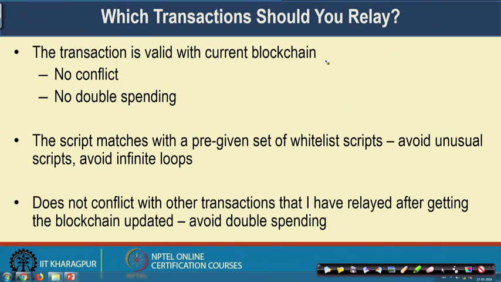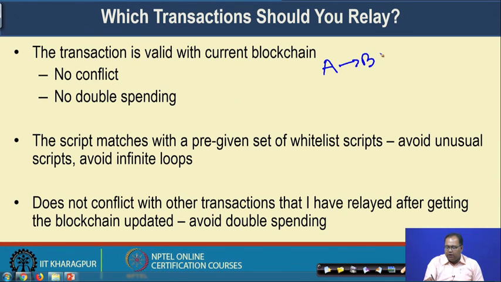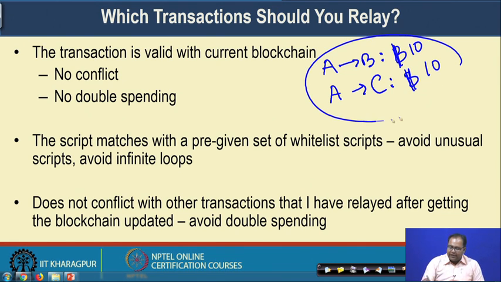That means Alice has made a transaction to Bob with some 10 Bitcoins, and immediately Alice has initiated another transaction to say Charlie with the same 10 Bitcoin. That can be one example.